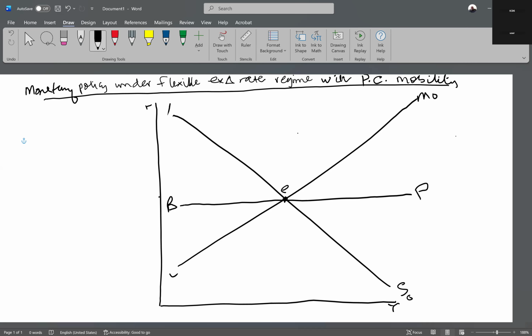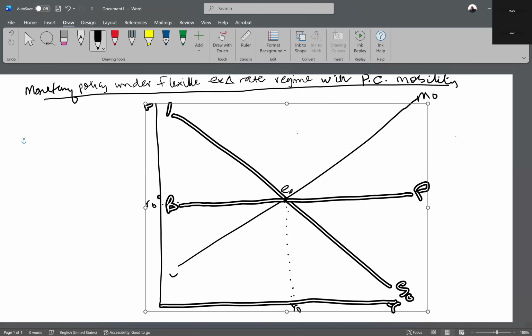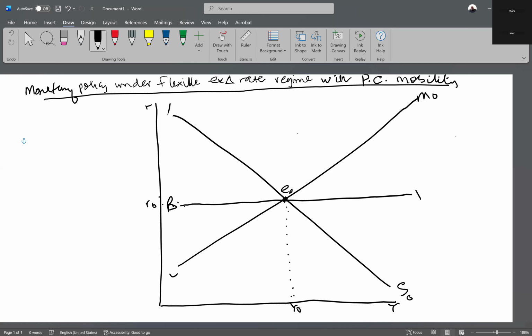So we are at a general equilibrium at E0, where we have Y0 and then R0. So we are looking at monetary policy. Let me increase the BP curve because we are looking at monetary policy.